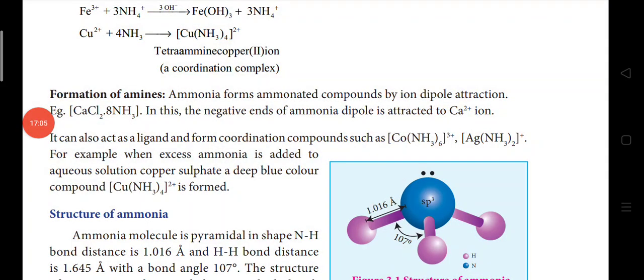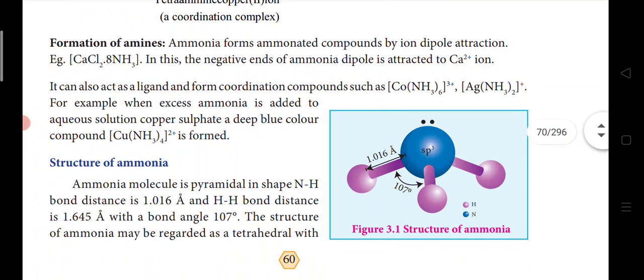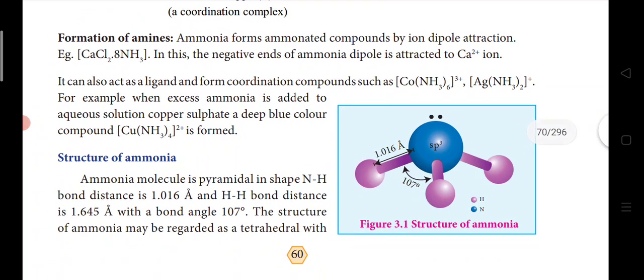So ammonia forms ammoniated compounds by ion-dipole attraction. Can you see here? Calcium chloride has a dipole attraction with ammonia to form an ammoniated compound. In this, the negative end of the ammonia dipole is attracted to the calcium 2+ ion. So where is the positive and negative attraction taking place?